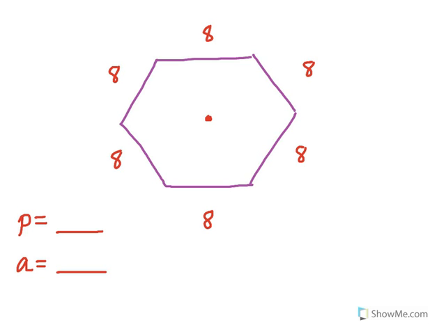Okay, so let's start with an example of a regular hexagon, a 6-sided figure where each side is 8 long. Okay, so I'm going to draw in radiuses to each of the vertices from the center. Okay, now what's going to be the measure of each of those central angles?